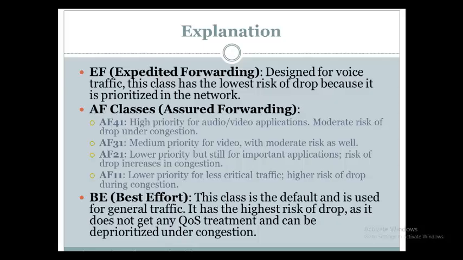EF is designed for voice traffic. This class has a low risk of drop because it is prioritized in the network. In fact, a packet with EF will never get dropped. It's the lowest risk of drop.